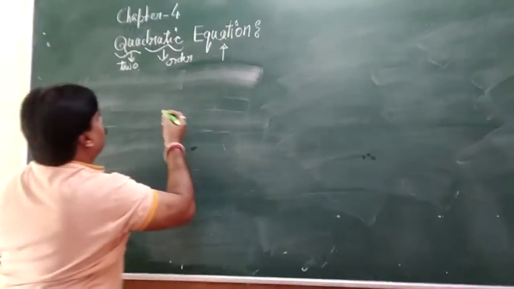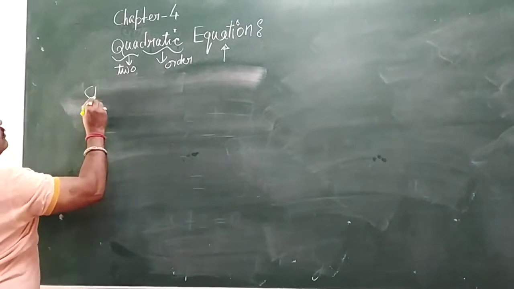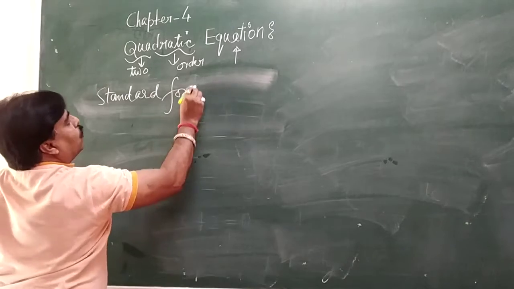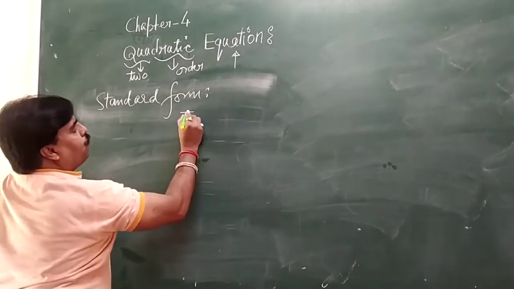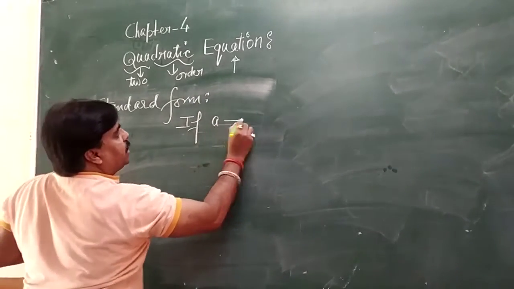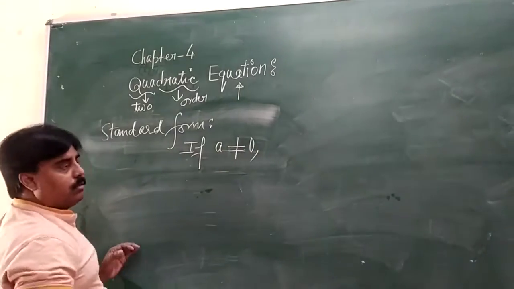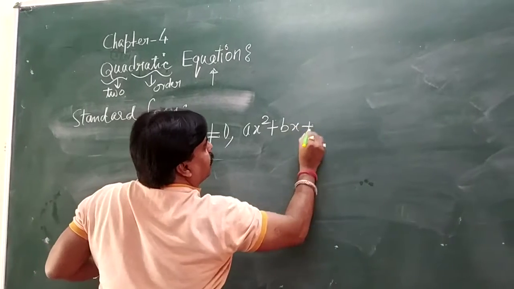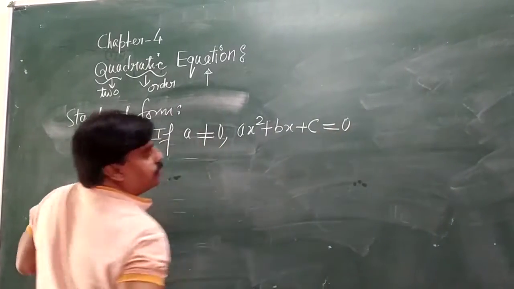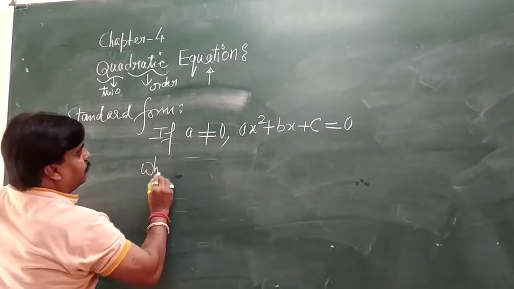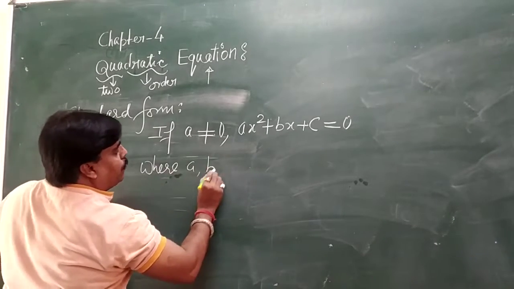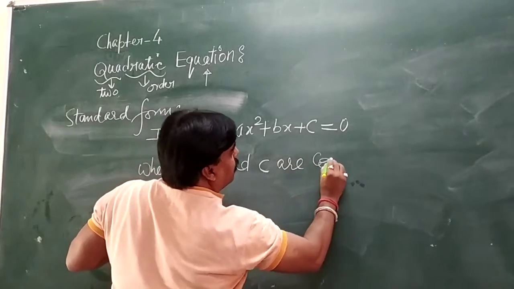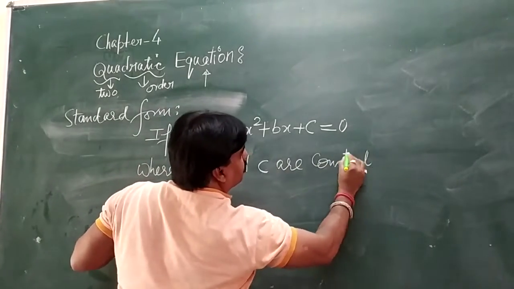The standard form of a quadratic equation, if a is not equal to 0, is ax square plus bx plus c is equal to 0, where a, b and c are constants.